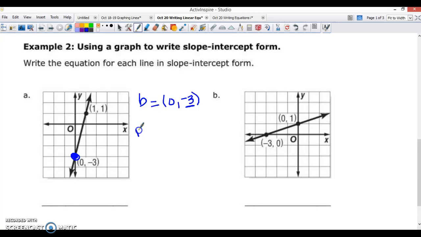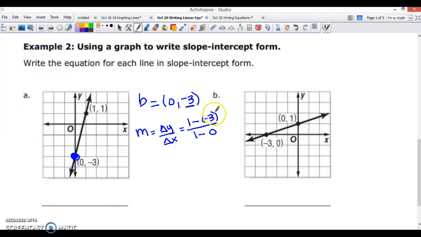All right, m is our change of y over our change in x. So we need to take the y values and get the difference. So 1 minus a -3 divided by 1 minus 0.